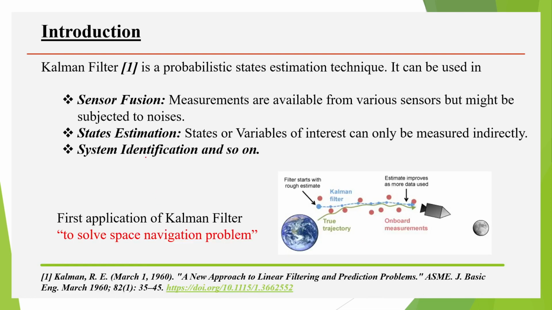Here, the introduction. Kalman filter is a probabilistic state estimation technique. It can be used in sensor fusion. I give an example for localization of a robot. From the wheel of the robot, we can put the sensor to measure velocity. From kinematics, we can interpret it into the motion, the velocity of the robot itself in the space.